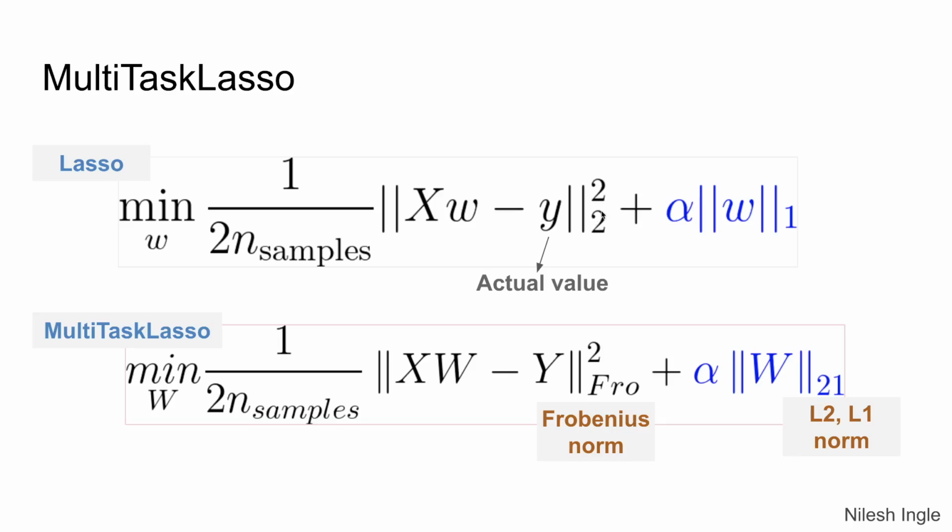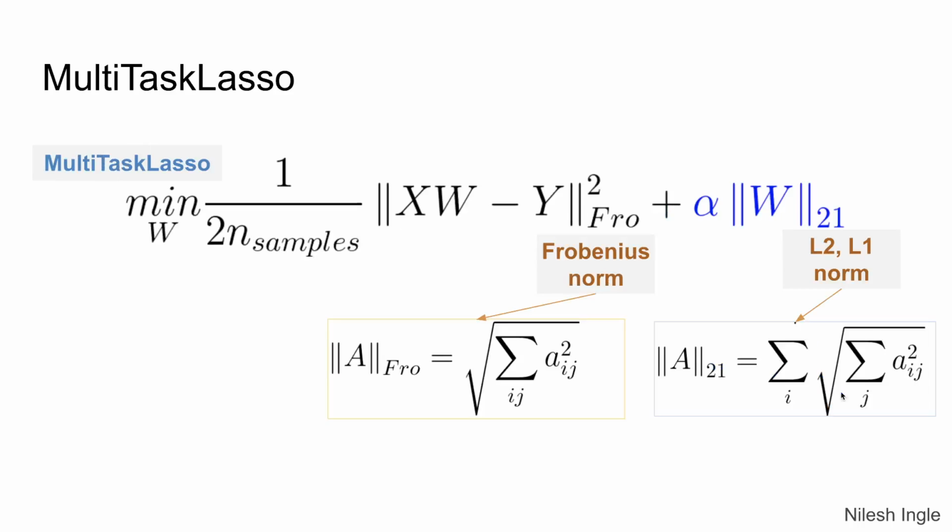So instead of the L2 norm, here is a Frobenius norm. It works the same way as the L2 norm, except because this is applied to a matrix, it is a Frobenius norm. And here there is an additional L2 and L1 norm instead of just the L1 norm as we had above.